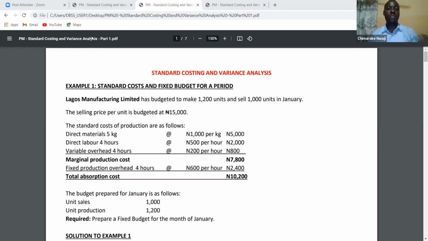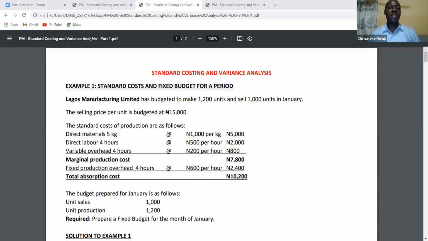So you hear the word budgeted to make. So that's a budget. So you see it is more than one unit. Budget is for more than one. So they budgeted to make 1,200 units. And they also budgeted to sell 1,000 units in January.